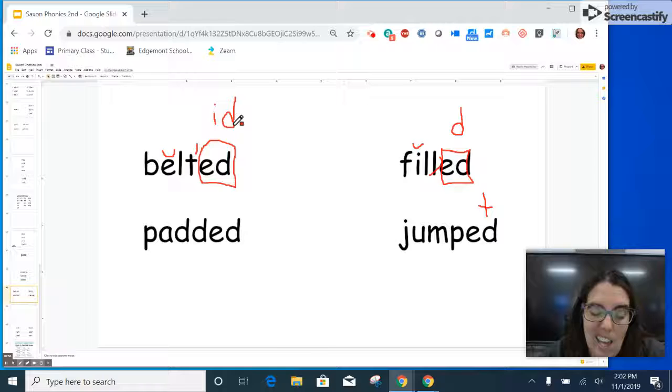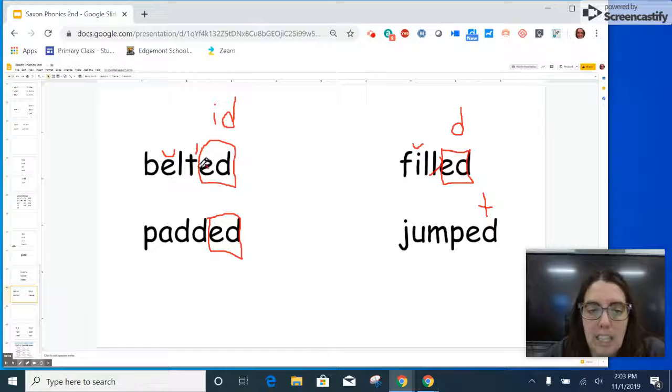Sometimes we say ed. Most often, though, we say belted, id. So if a word ends with a T and you're adding an ED, it's going to say id. Same on this word, on padded. The final sound in the root word pad is a D. So again, the ED is saying the sound id.